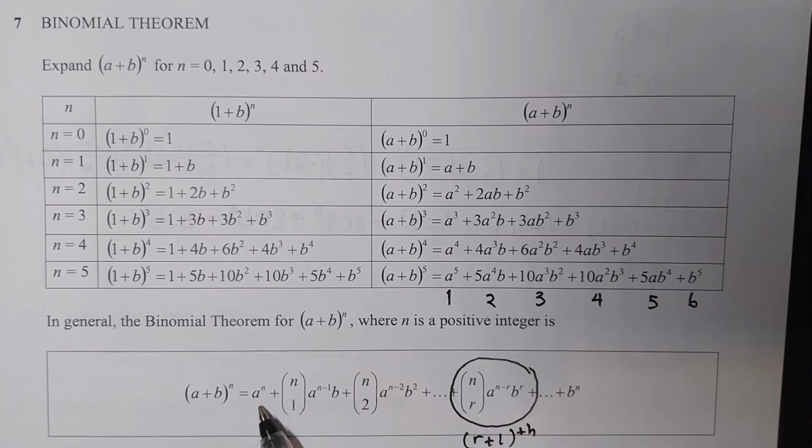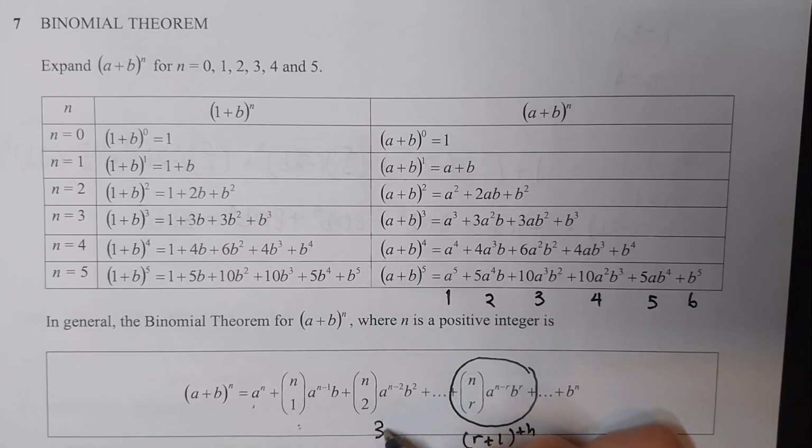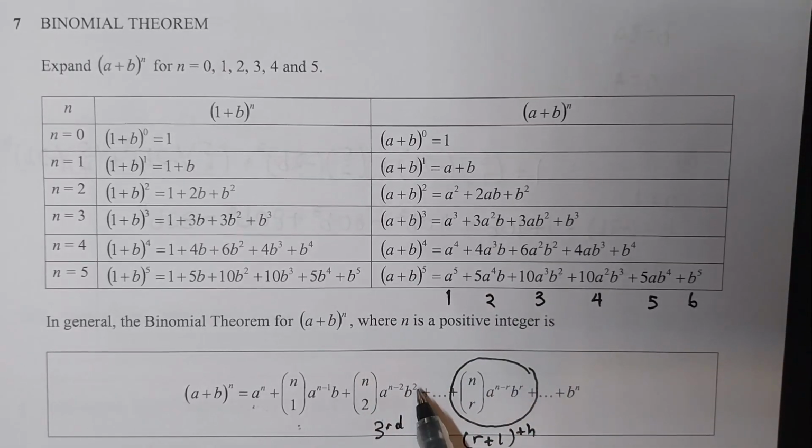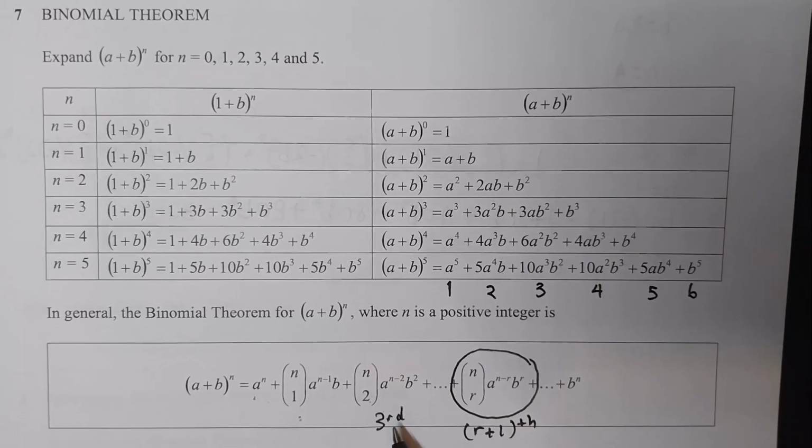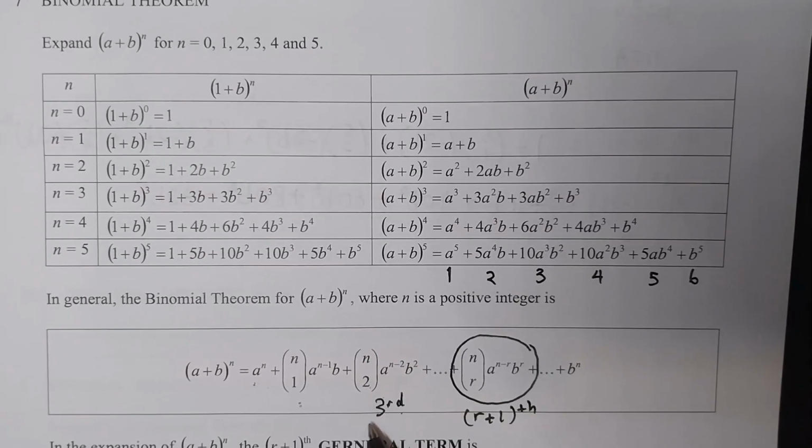So again, in this case, this will be the first term. This will be the second term. This will be the third term. The value of r is 2, but the term is actually 2 plus 1. And this is something that is noteworthy when you are looking at the terms.